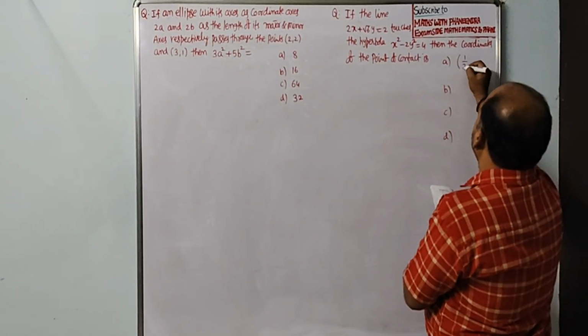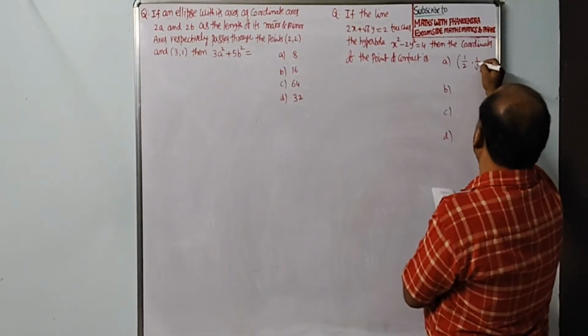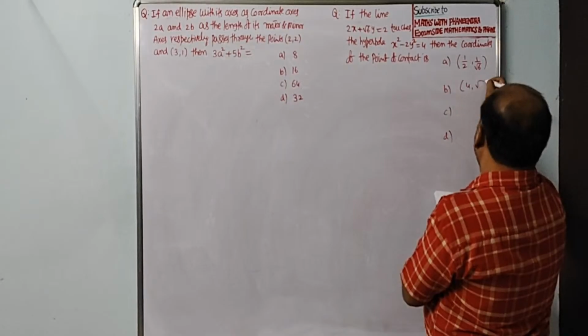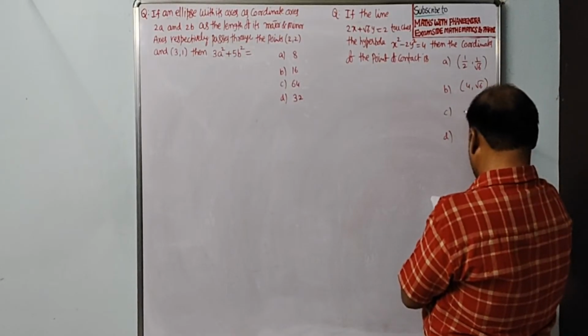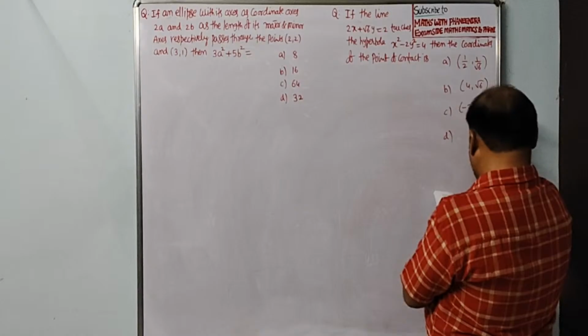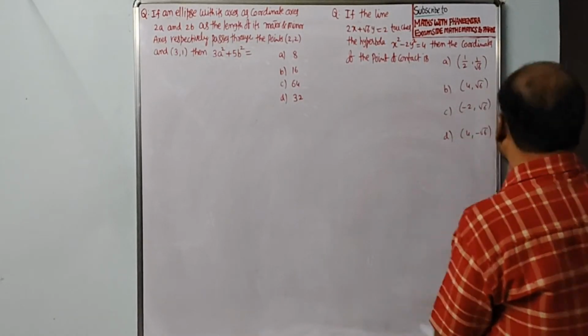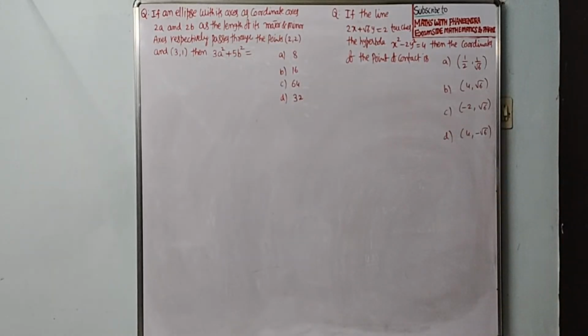So first option (1/2, 1/root 6), (4, root 6), (−2, root 6), (4, −root 6). So these are the options, dear students. These questions will help in EAMCET, TS and AP.